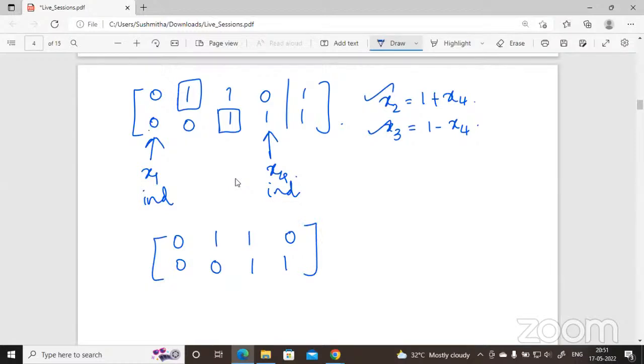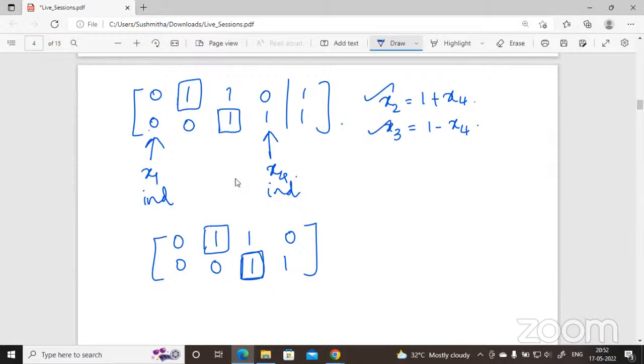Okay. So now this is a pivot. Is that clear? Yes, ma'am. To reduce to row echelon form, I have to make this entry 0. Everything else is fine, right? Reduced row echelon form means the only non-zero entry in the column containing the pivot should be the pivot. Everything else should be 0 in that column, right?